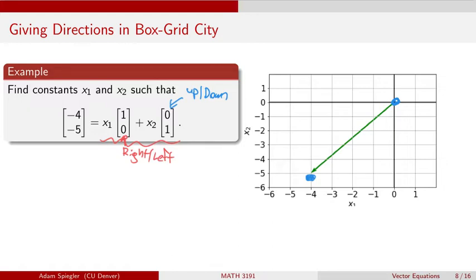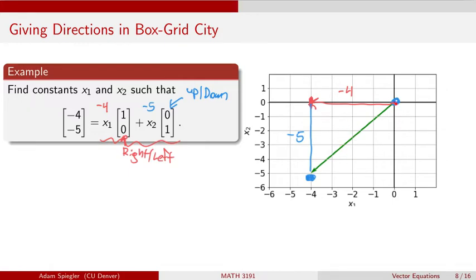So what they're going to tell you is, well, you're going to want to go 4 units to the left. So you're going to walk 4 blocks to the left. So that's a minus 4. And then you're going to head 5 blocks directly down. So you're going to go minus 4 units to the left, and you're going to go minus 5 units down. So that's what we've drawn over here on the right.